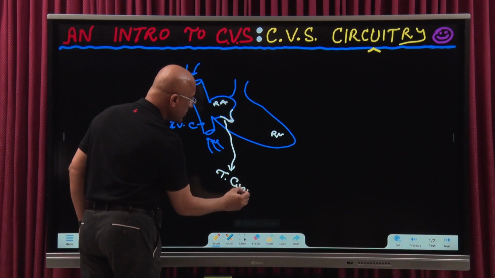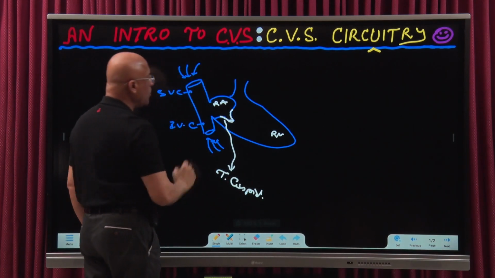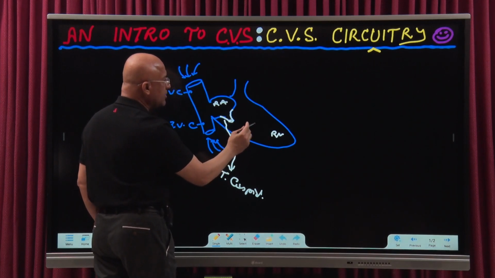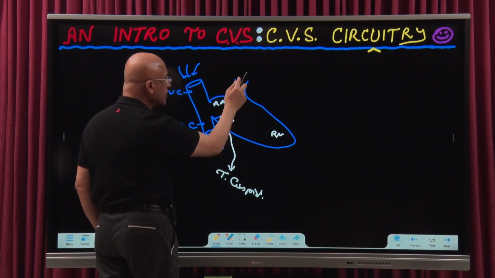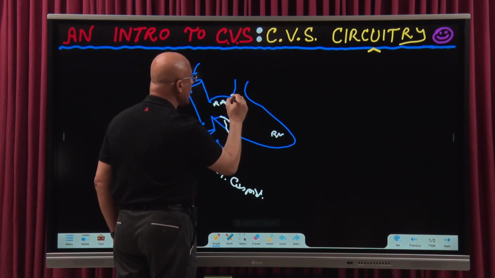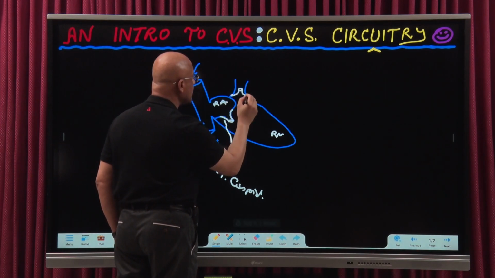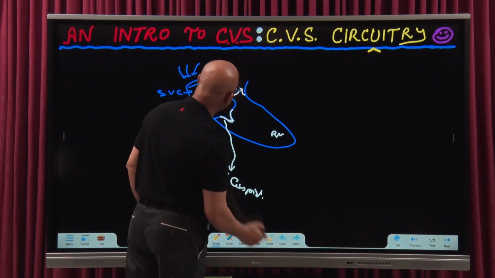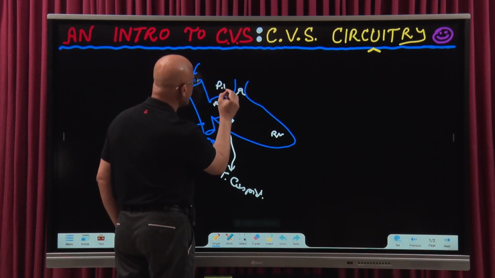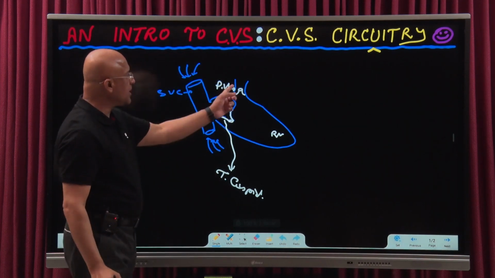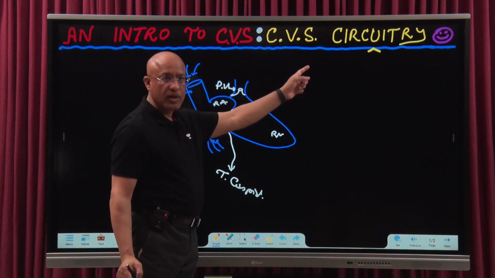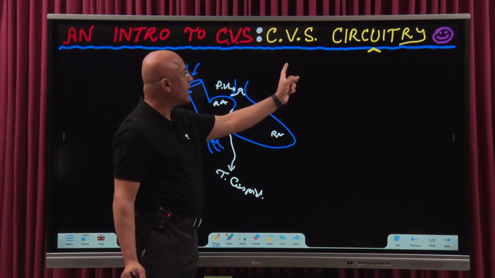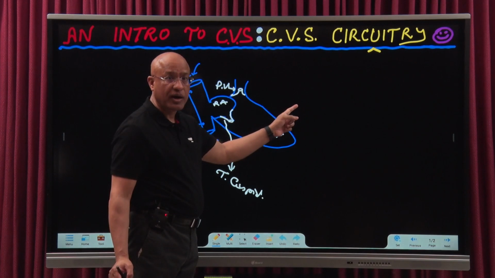Now, another important thing is that when the right ventricle contracts, it pushes the blood through another valve, and that is the pulmonary valve. Now, from here, the blood will go to the lungs, and there it will get oxygenated, lose carbon dioxide, gain more oxygen, and then the blood will return to the left side of the heart.